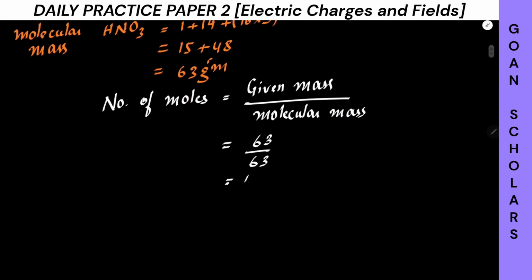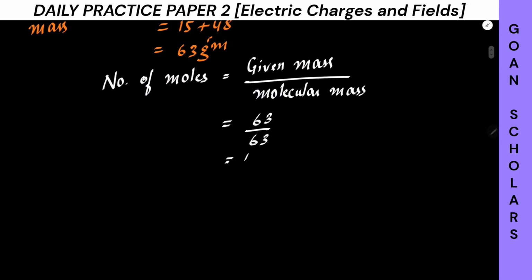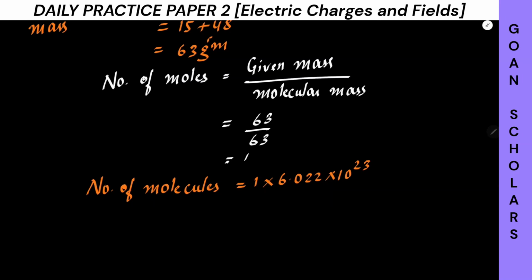Now we have to count the number of molecules. To calculate the number of molecules, let's use Avogadro's number. So number of molecules present in 1 mole will be 1 into 6.022 into 10 to the power 23. This is our number of molecules present in 1 mole of HNO3. Each molecule will contribute to some number of electrons, because we have to calculate the negative charge.